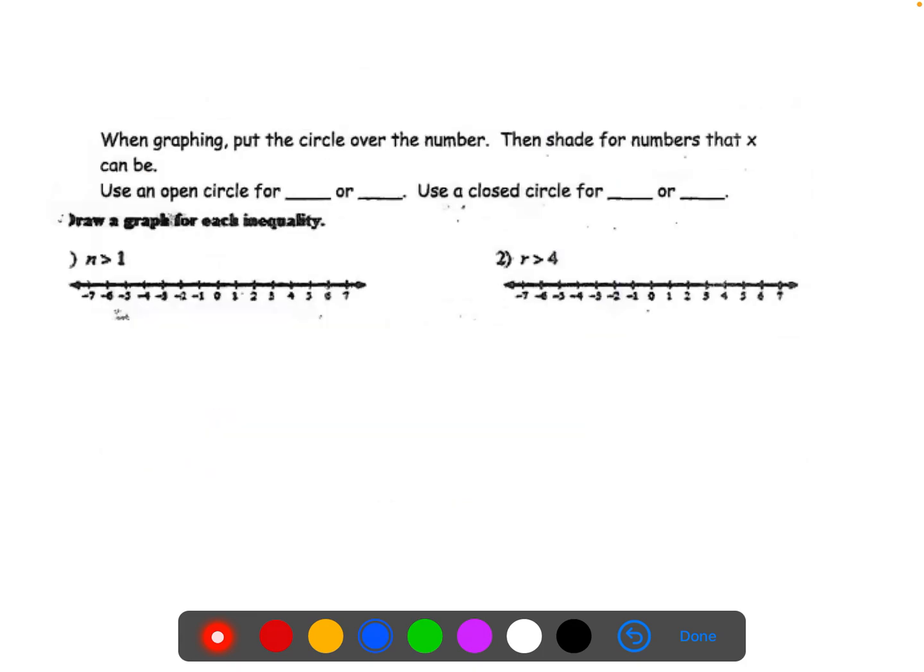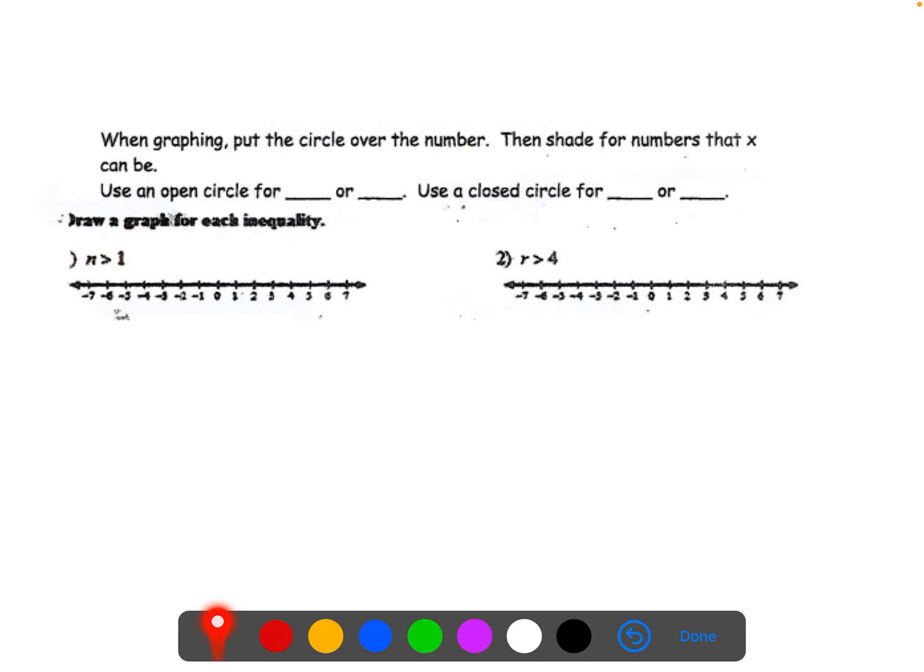On the next part, it says when graphing, and this is just a little reminder of how we use graphing. We talked about open and closed circles yesterday a little bit on graphs, but just as a review, this says to put the circle over the number when we do our graphing, so it doesn't get jumbled up on the graph. We'll put it above, and that's fine to do. Then we'll shade in the numbers that x can be, or draw a line with an arrow for that.